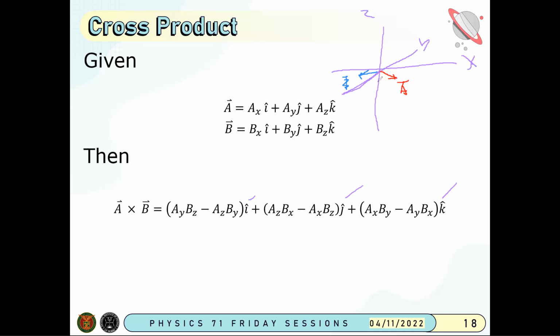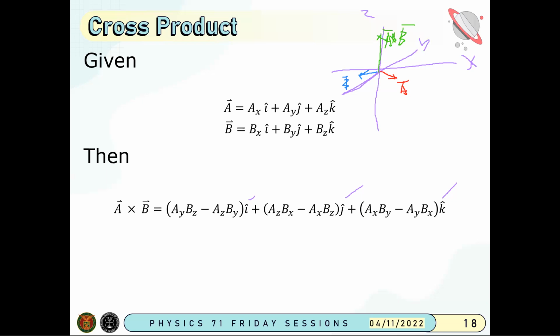So whatever plane A and B are in, their vector product will be in the direction perpendicular to that plane. This is A cross B. That is what always happens in the cross product.